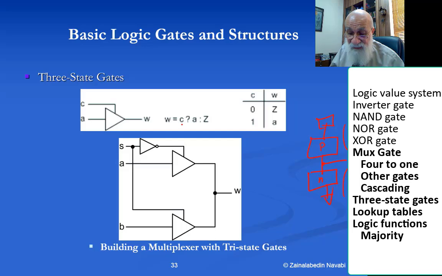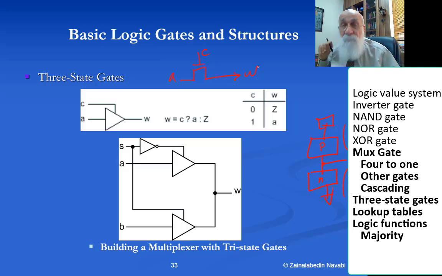If C is 0, nothing passes through. Nothing in logic means logic value Z. So we have 0, 1, Z, and X.